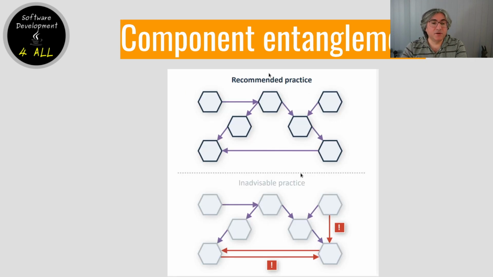Recommended practices. Then we go to the component entanglement, and this is the recommended practice. These are components, and this one depends on this one, and this one depends on this. Every time it's a one-way dependency towards another one, and that's fine. The inadvisable practice is the one below, where, for example, these two components are interdependent on each other.